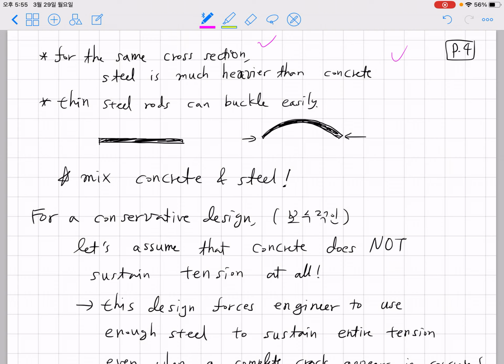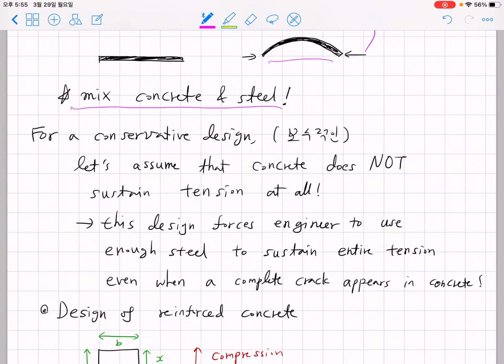Another disadvantage of a steel-only structure is that if we have quite thin rods, they can buckle really easily, and we don't want this to happen in our building. So the idea is to mix concrete and steel, and this is the kind of composite material that you're gonna see in most modern buildings in Korea.